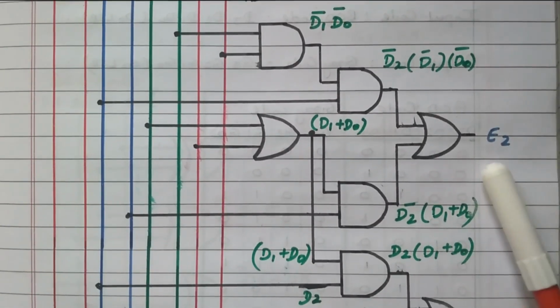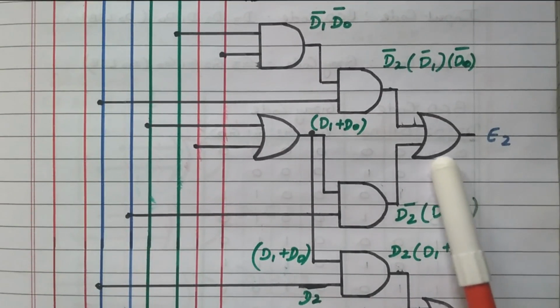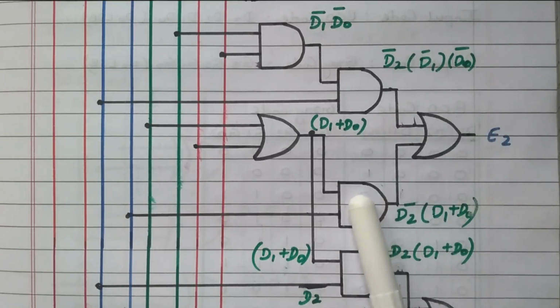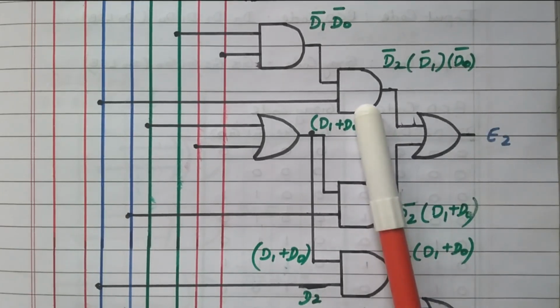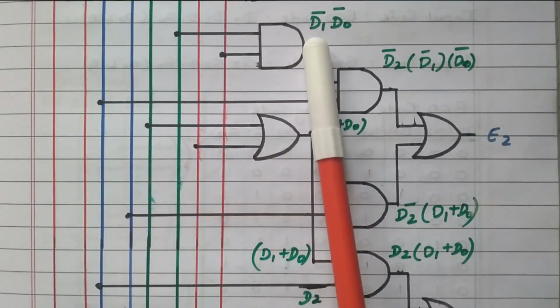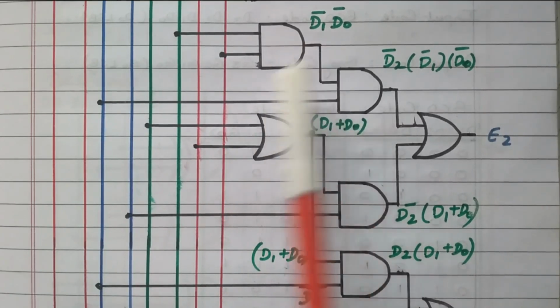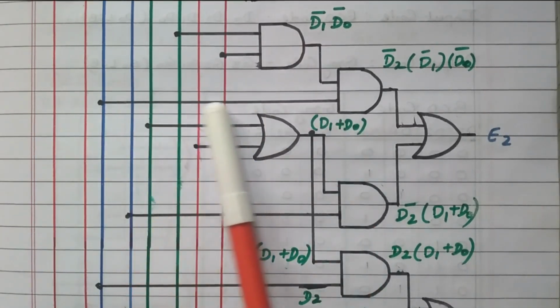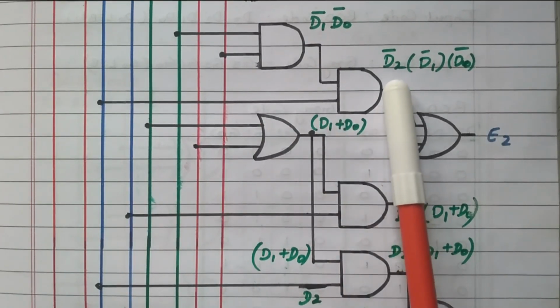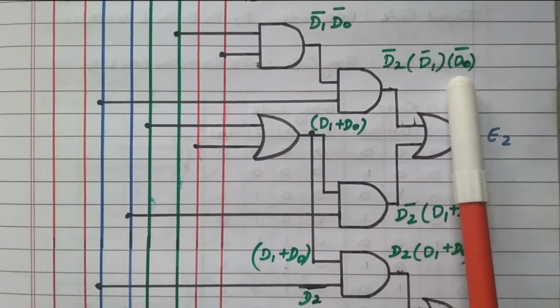First we'll see E2. Here one OR gate is available. OR gate means it will add. That is connected with 2 AND gates. This AND gate has D1 dash and D0 dash, and this one is D2 dash. So these are now multiplied together: D2 dash, D1 dash, D0 dash.